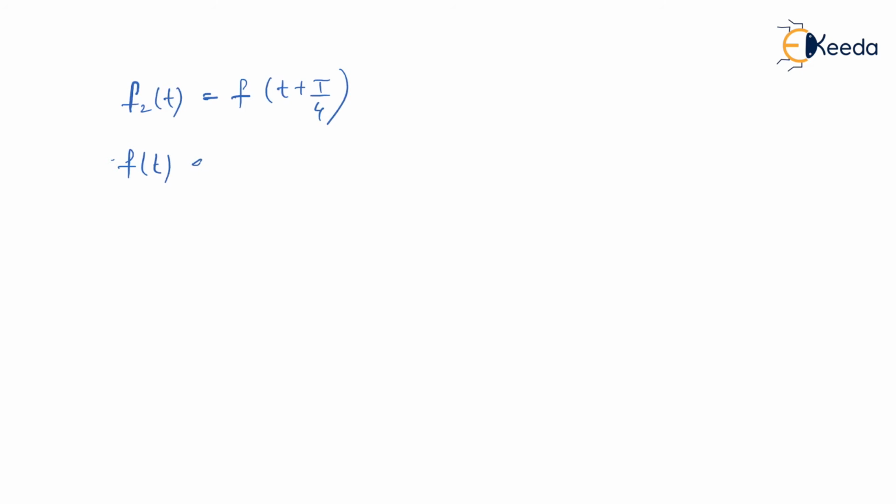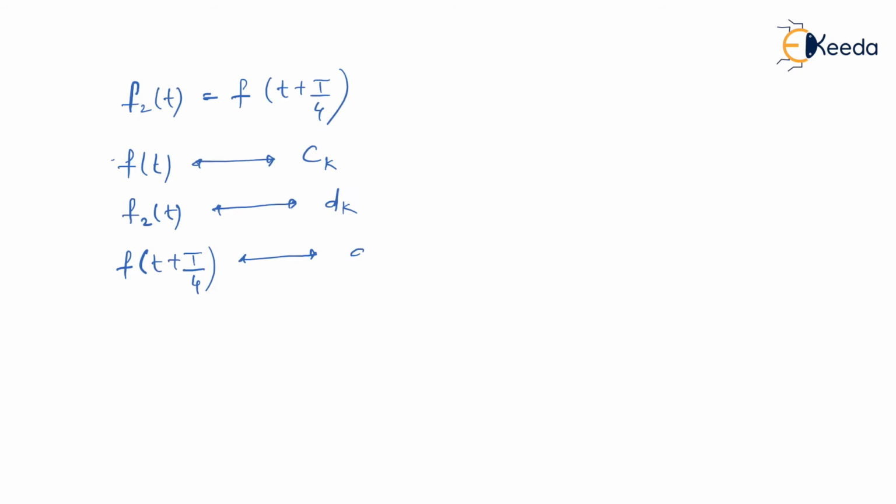So for f of t, let's say we have coefficient ck. Then for f2 of t, let's say we have coefficient dk. Now for f of t with coefficient ck, f2 of t can be written as f of t plus T by 4. Am I right?